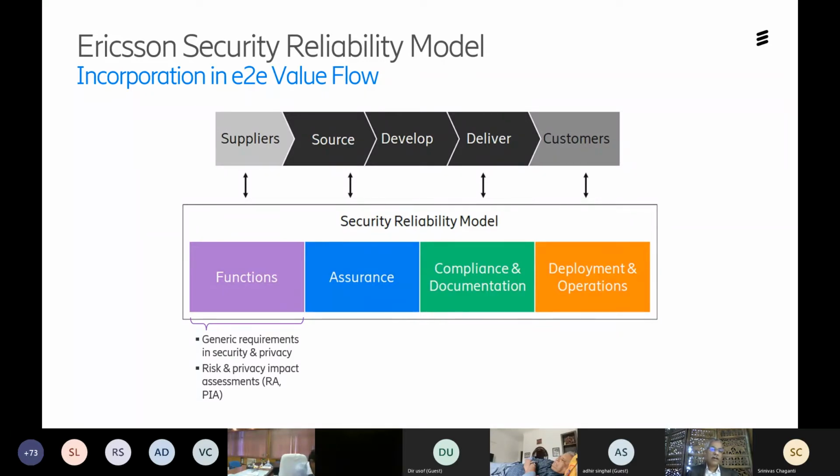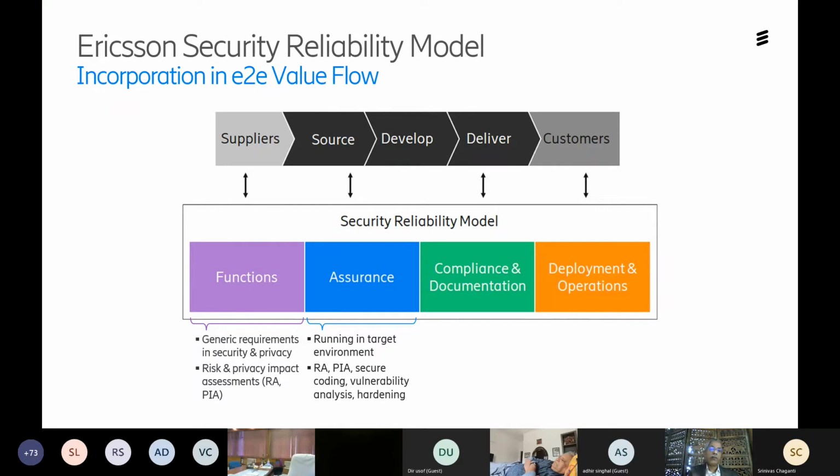So in here, for example, we have implemented generic requirements on product, service, and solution security and privacy. And we undertake risk and privacy impact assessments specifically. Secondly, in the assurance phase, we run our solutions in the target environment.